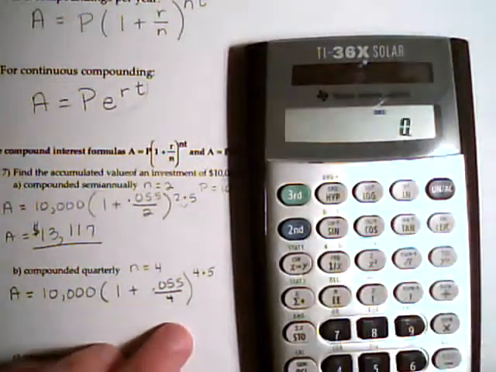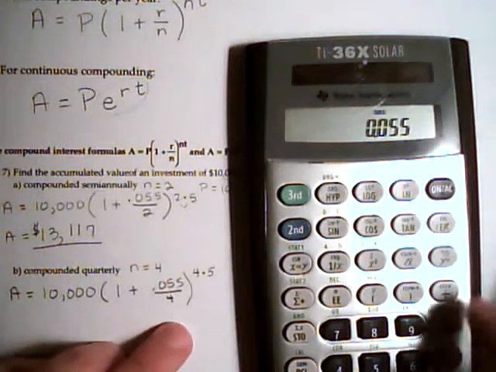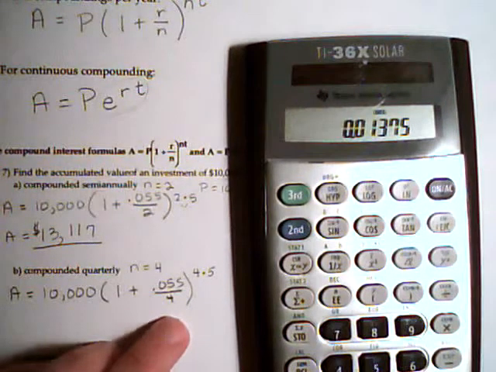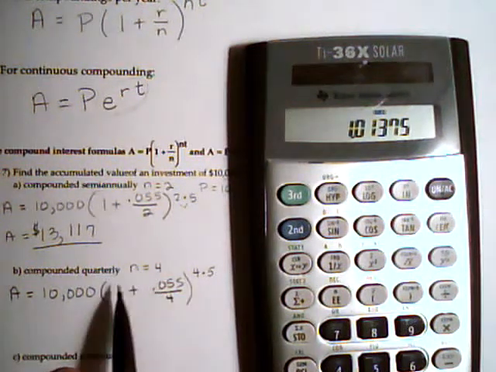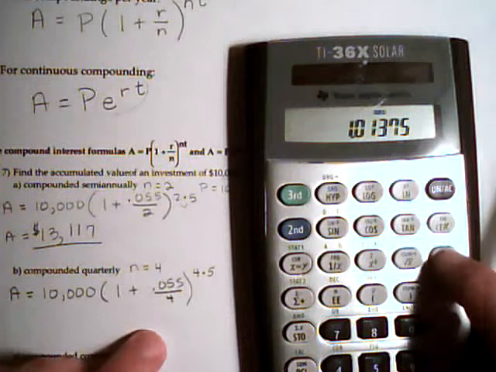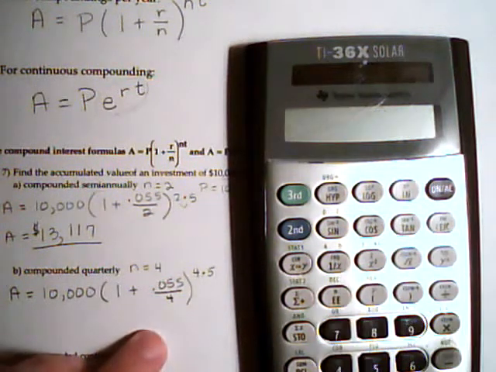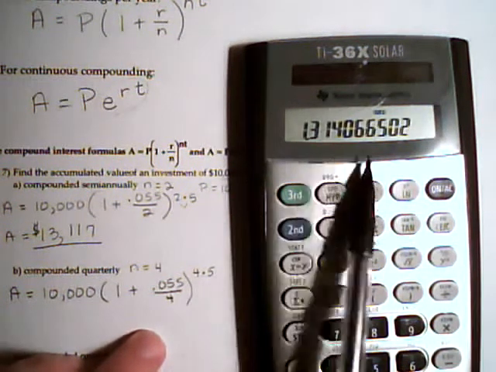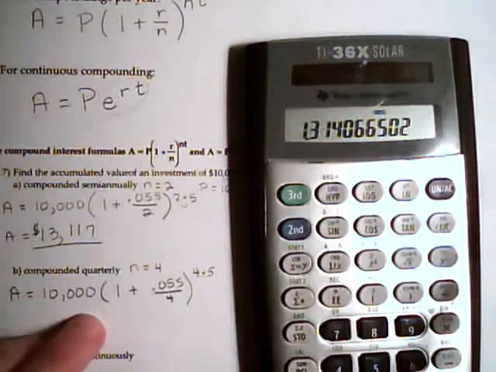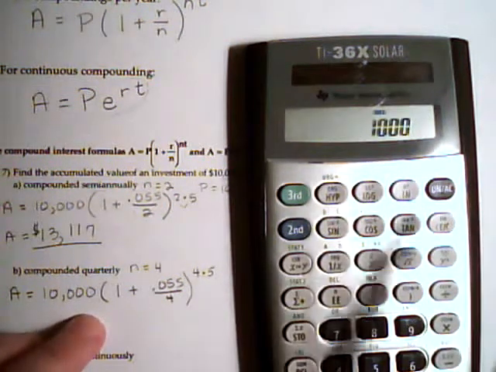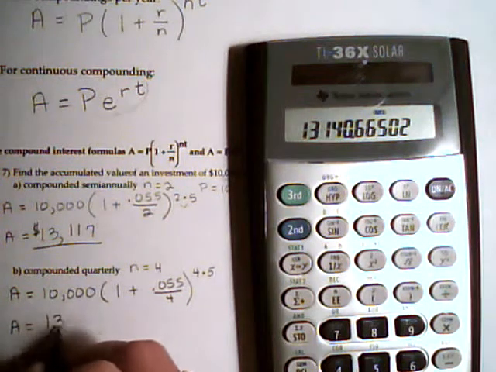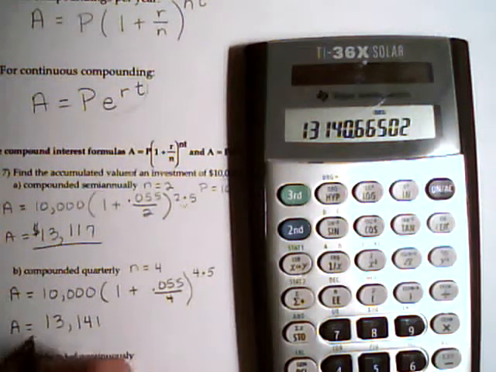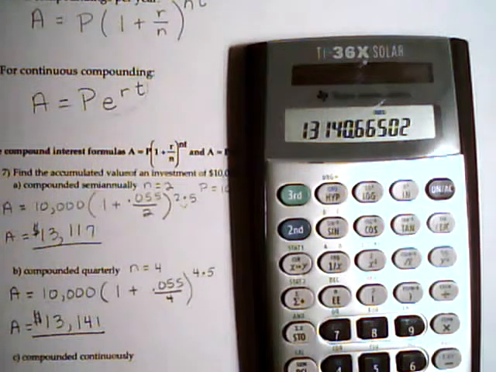So again, I would do 0.055 divided by 4 plus 1, so that's my value in parentheses, raise it to the 20th power, hit enter, then times 10,000. And so I get an account balance of $13,141, which we see is a little bit more.